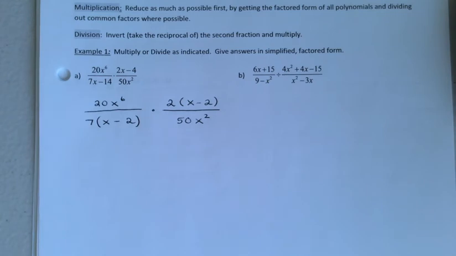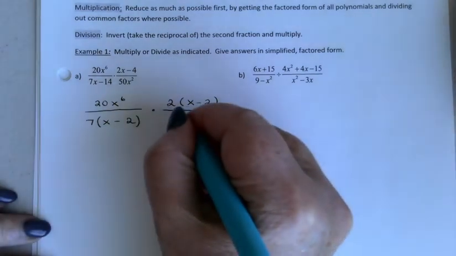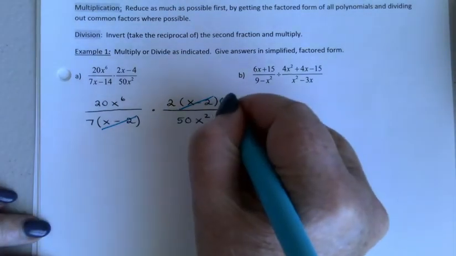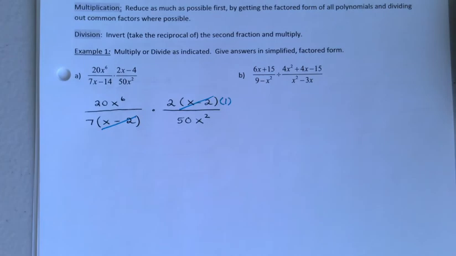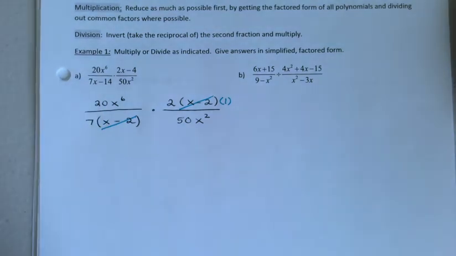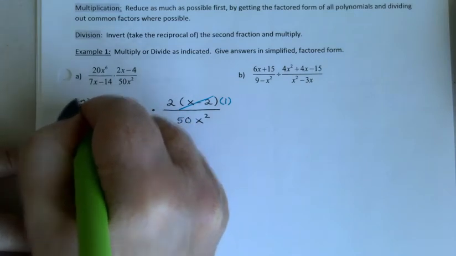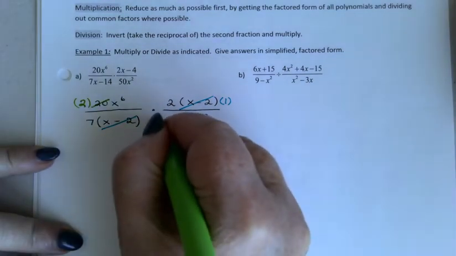All right, let's take a look at what we can do now. Certainly, I can take x minus 2 divided by x minus 2. That's just 1. And the 20 and the 50, I could divide those both by 10, right? So dividing by 10 would make that a 2. Divided by 10, then make that a 5.